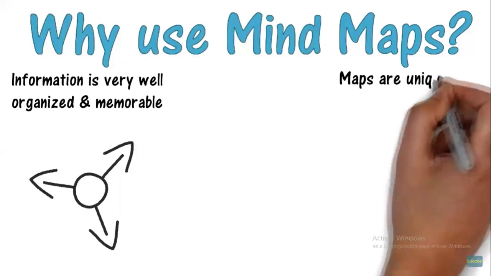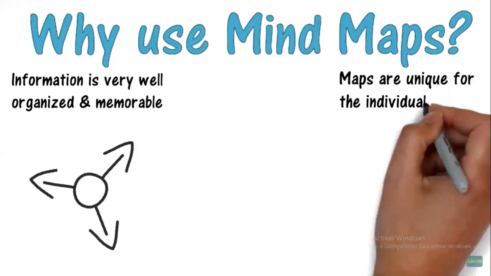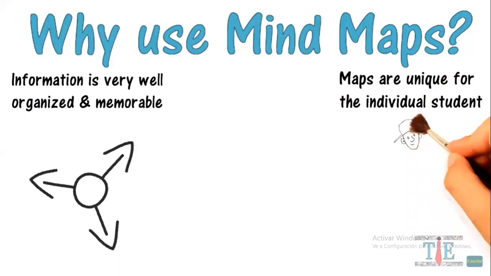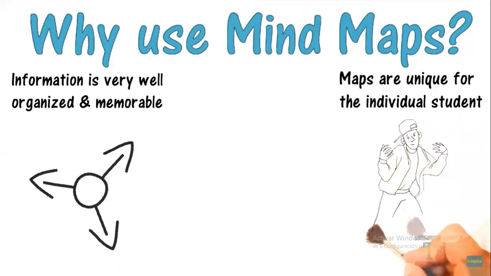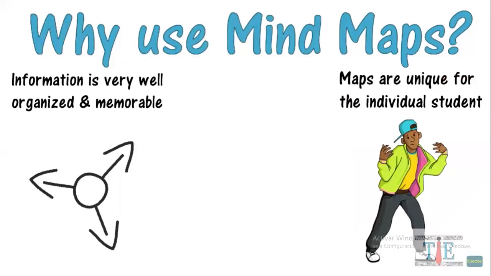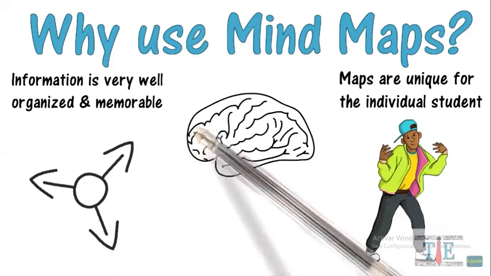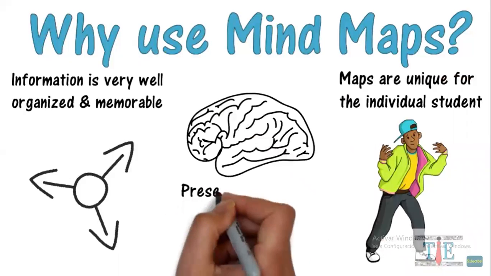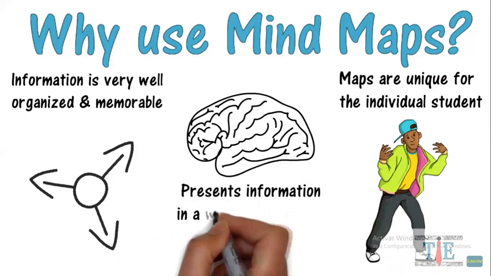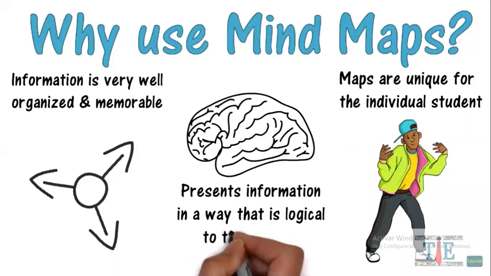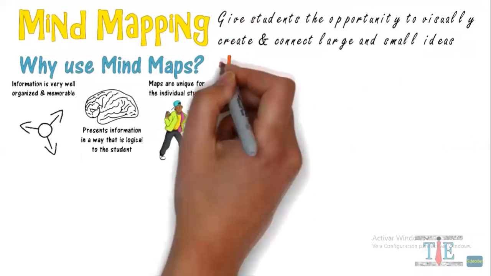When students create their own mind maps, those mind maps are unique to the individual student. Students create the maps just like they would create a work of art. The brain recognizes the content as both visual and verbal, and the maps are created using the brain's natural way of thinking. Mind maps present material in a way that is logical to the student.